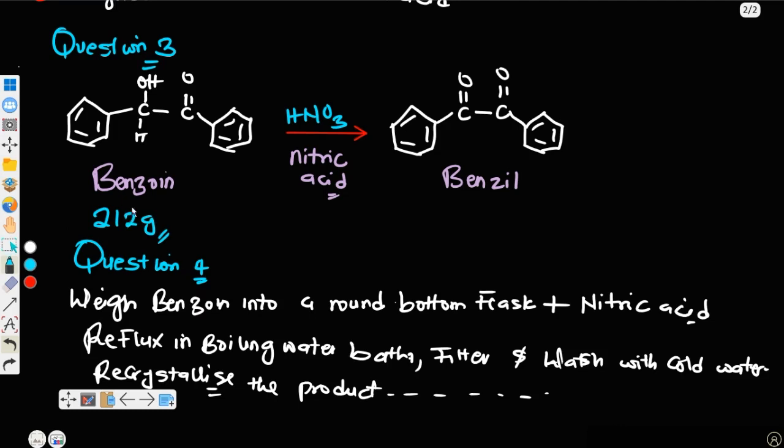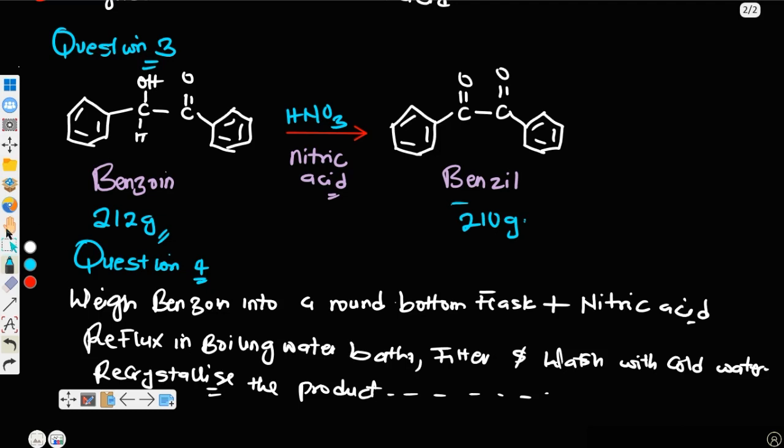Now benzil: if benzoin is 212 gram, benzil is like you remove 2 hydrogen from benzoin. If you remove 2 hydrogen, the mass will be 210 gram. But you can calculate their molecular masses by counting the various atoms present there. So it's 210.